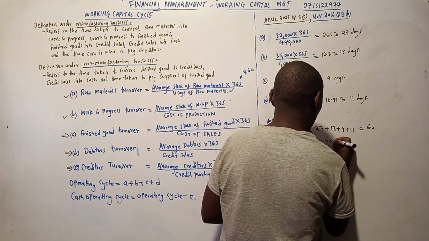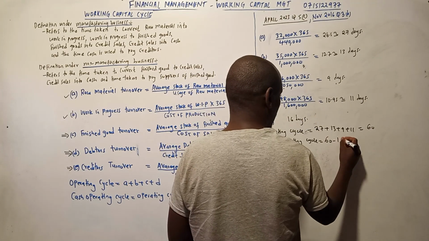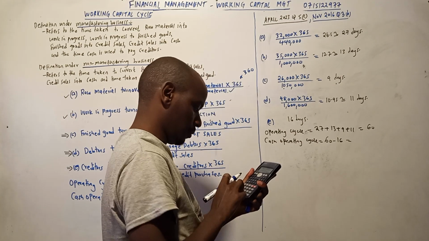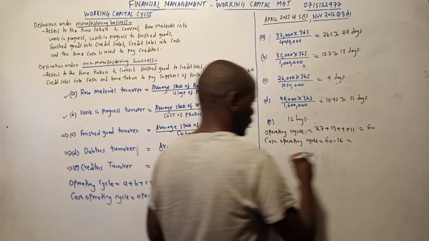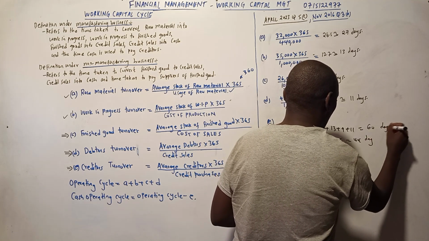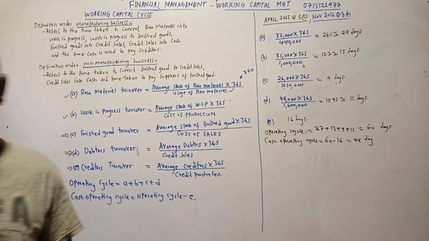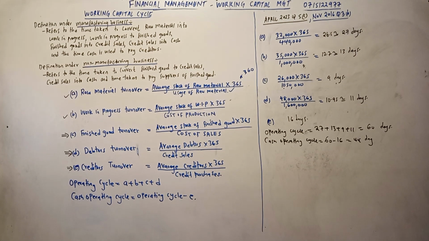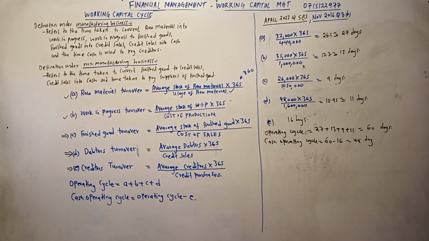Then the cash operating cycle is 60 minus 16, which is 44 days. So the operating cycle is 60 days and the cash operating cycle is 44 days.